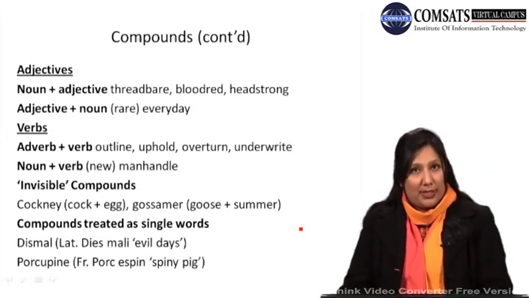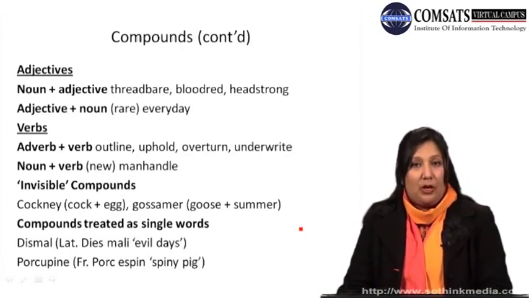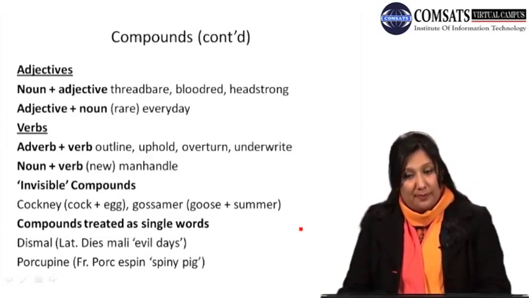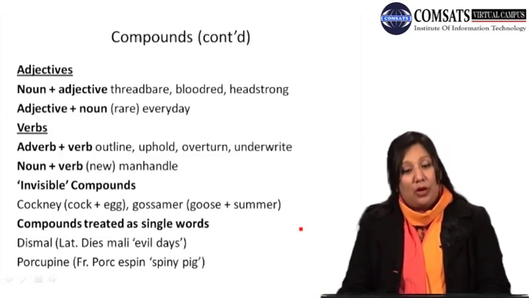The next is overturn. Over is an adverb and turn is a verb. Overturn is an emblem of compound words, a beautiful combination of adverb plus verb. Then underwrite. Under is an adverb and write is a verb. Underwrite makes an adverb plus verb combination in a compound word.